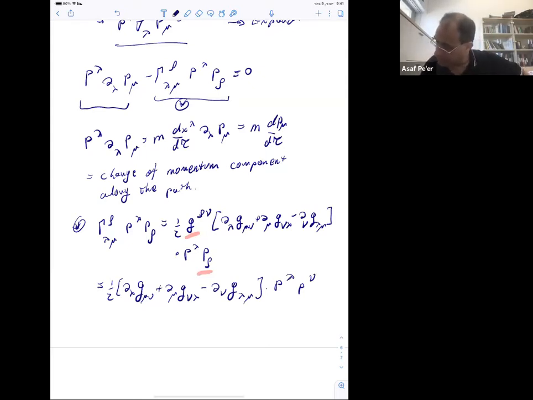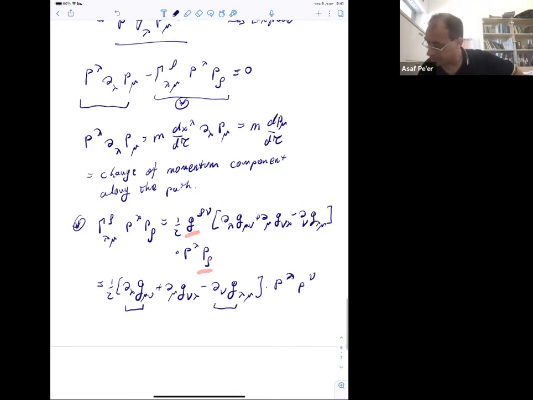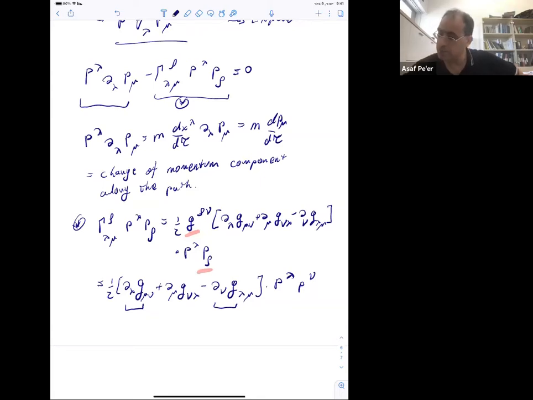But now we have a symmetry between lambda and mu, so we can simply replace them because we're multiplying by p lambda and p mu. That means that this term will cancel out with this term, because if I change lambda and mu, then those terms cancel. Okay.